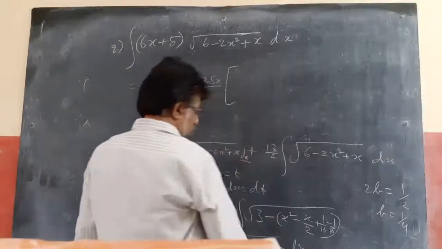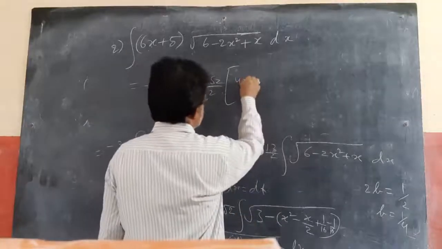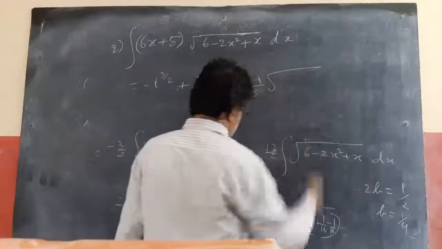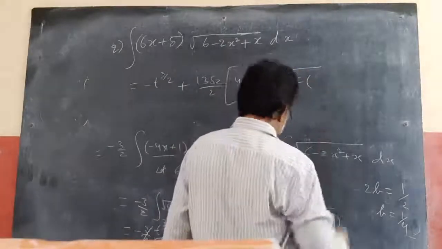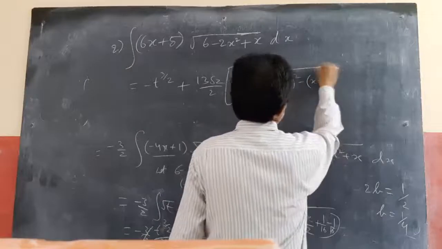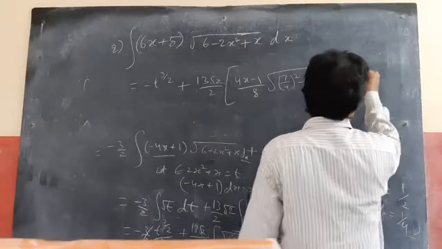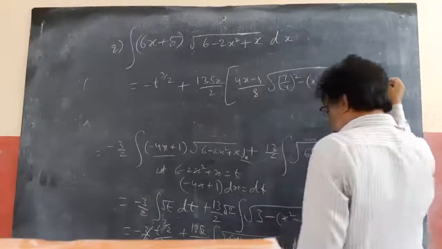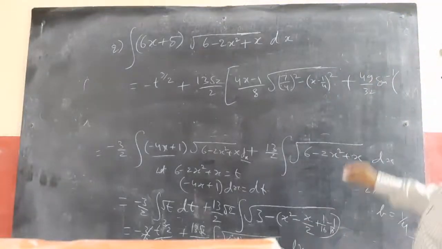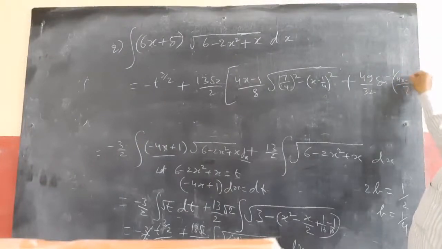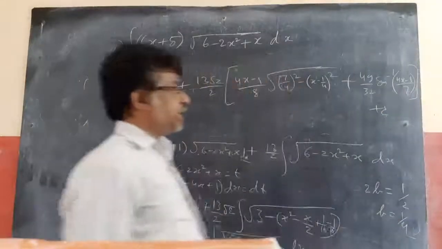X by 2 means x minus 1 by 4 by 2; taking LCM 4, it is 4x minus 1 by 8 into root of a square minus x square, that is 7 by 4 whole square minus x minus 1 by 4 whole square, plus a square by 2, that is 7 square, 49 by 16 by 2, so 49 by 32 into sin inverse x by a. So sin inverse x by a means 4x minus 1 by 7, the 4 cancels. Plus C, this is the final result.